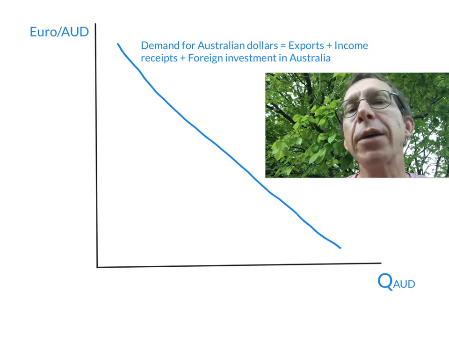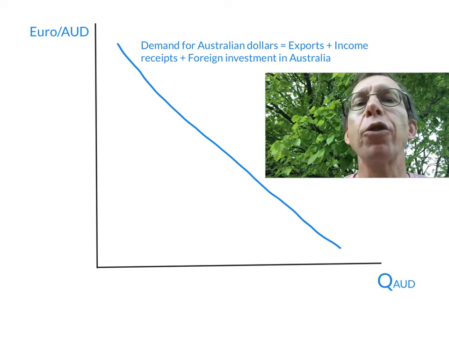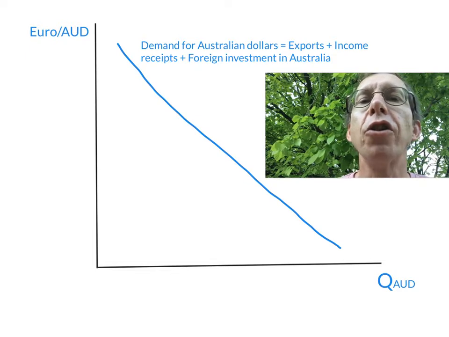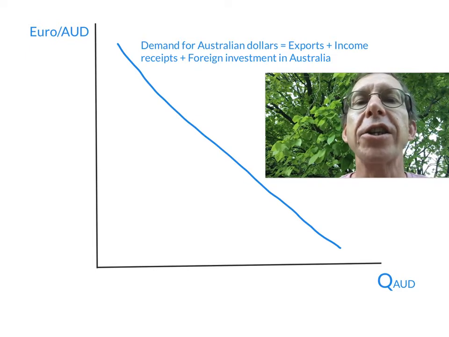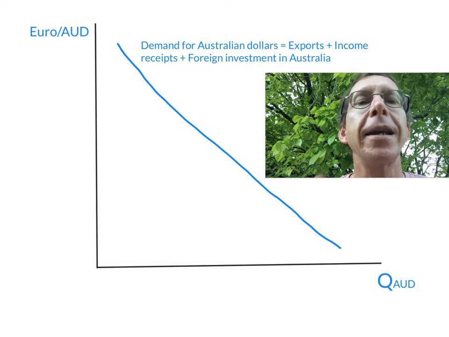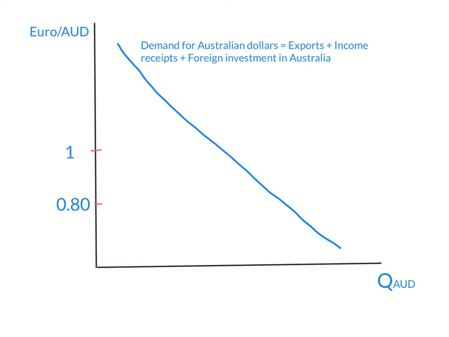And whenever you're dealing with derived demand curves, you've got to be a little bit careful because it's not obvious that they slope the right way. Let's check. For example, suppose the exchange rate goes up from, say, 0.8 of a euro to the Australian dollar to 1 euro to the Australian dollar. And let's think about exports.